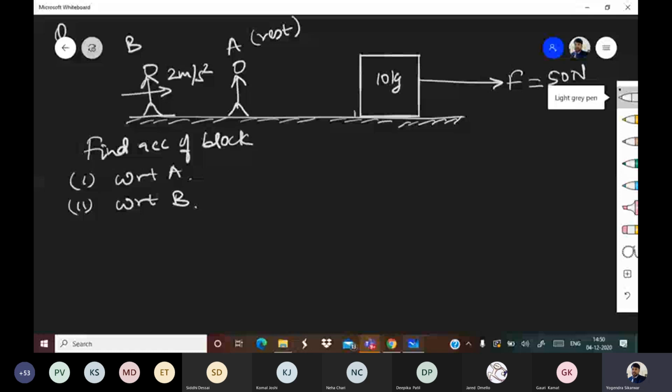Now with respect to B. So with respect to B, what we can see, everyone please pay attention. Now we need to apply one pseudo force. Why? Because B is accelerated frame. So as B is accelerated frame, we have to apply a pseudo force. And F pseudo will be how much?